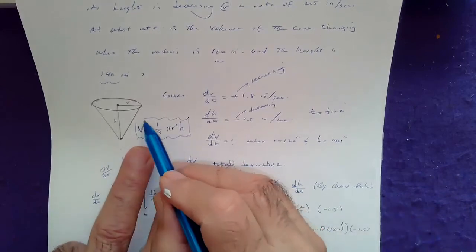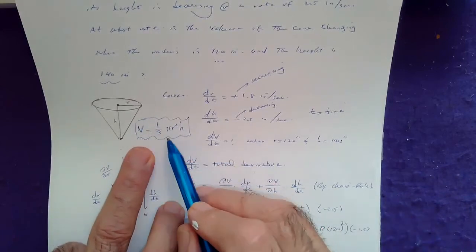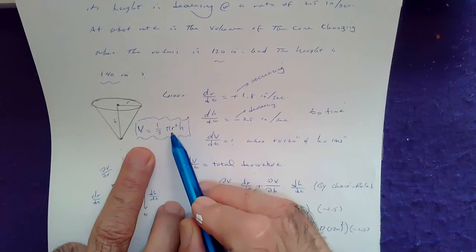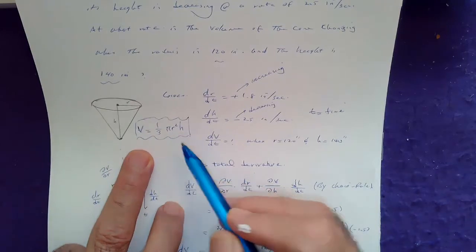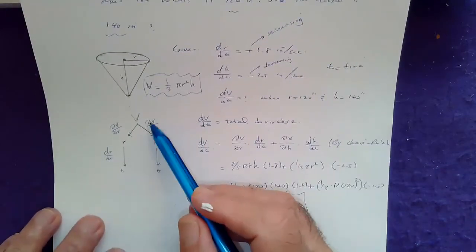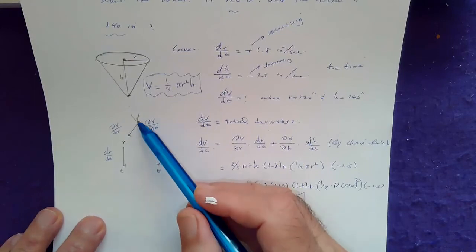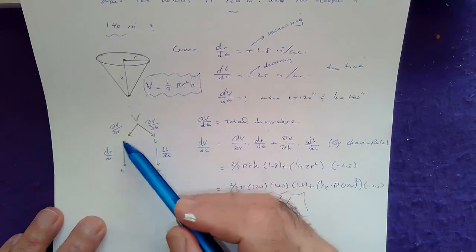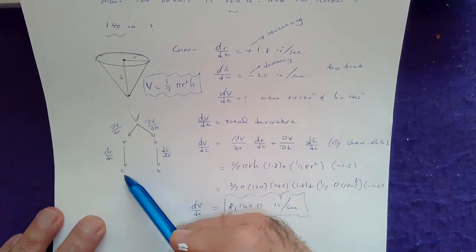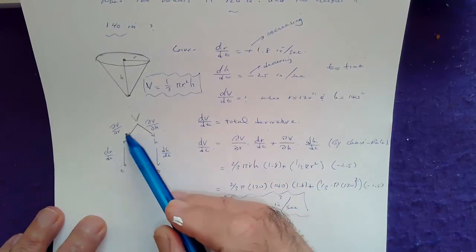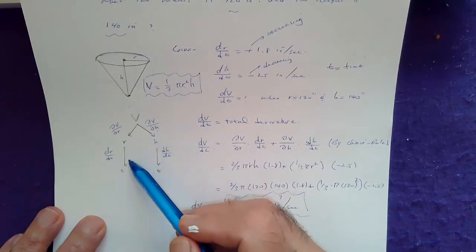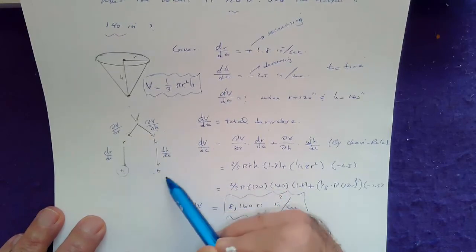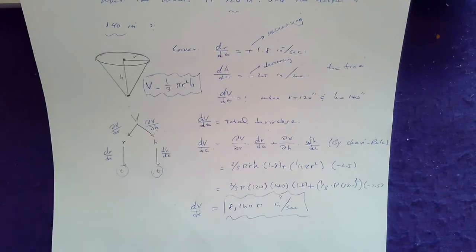But I know the formula for volume of a cone, which is 1/3 of pi r squared times h. So here comes chain rule. Volume is a function of r and h, but both radius and height are functions of time. So these are partials, these are total derivatives because these are single value functions.